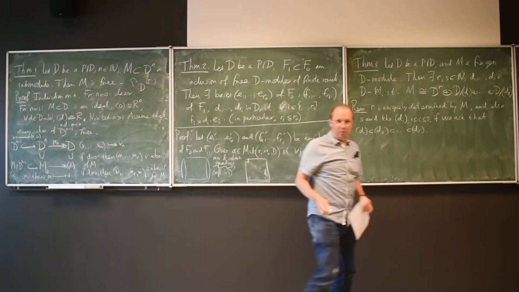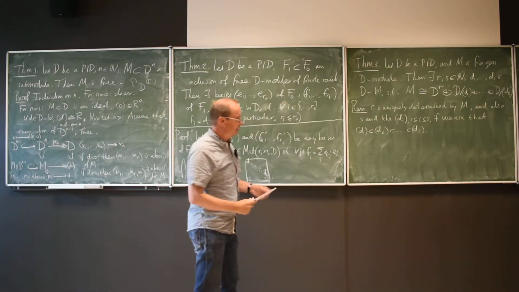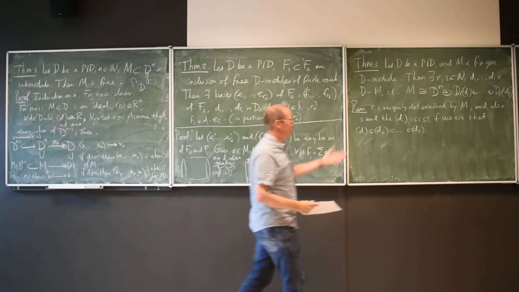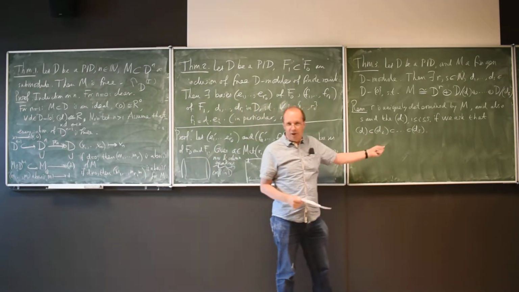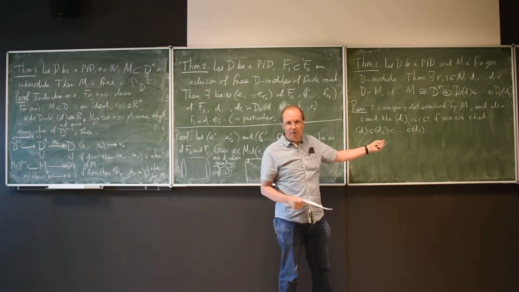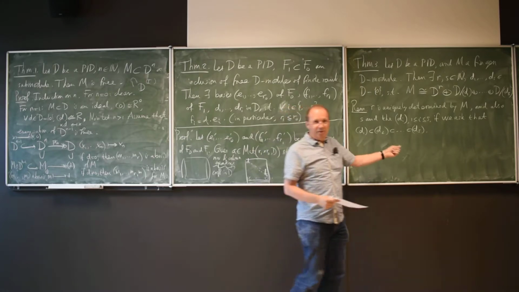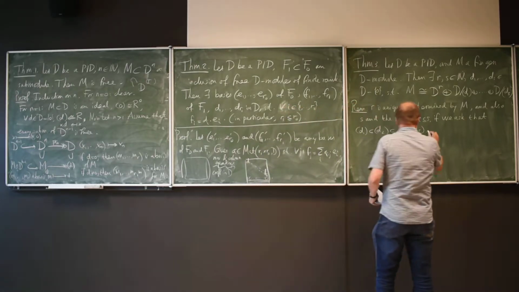If you ask the containment of these ideals, and you can always get that, then there is a lot of uniqueness about this. And these ideals have a name. They are either called invariant factors or elementary factors or something, right?